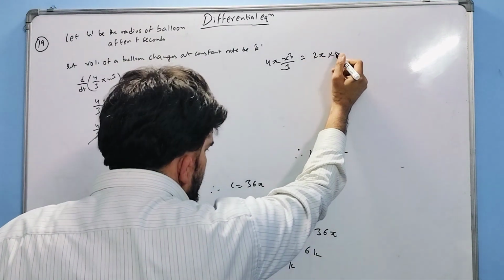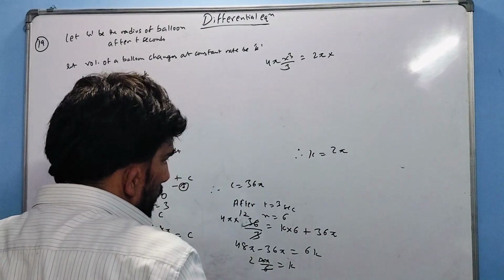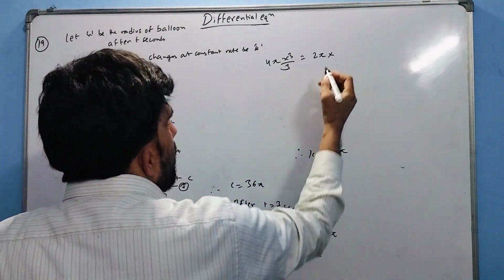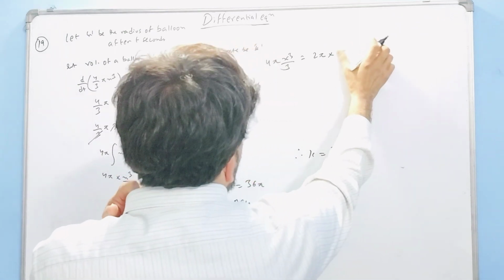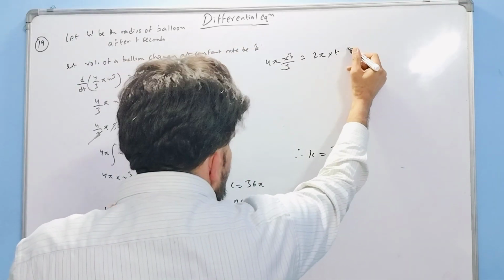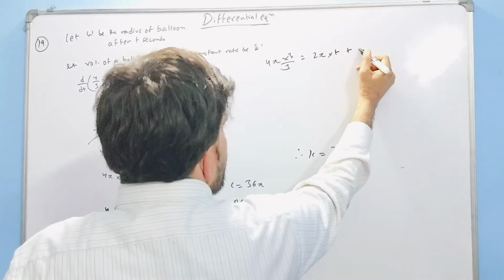Now t here I take 6, plus c, I have found the value here, 36 pi.